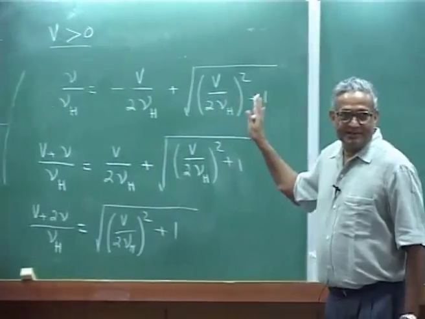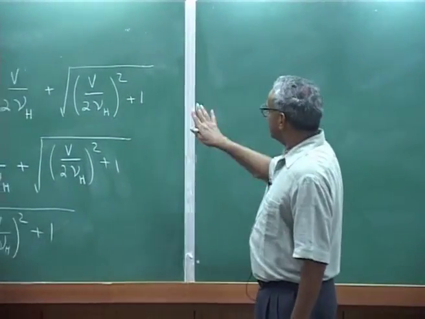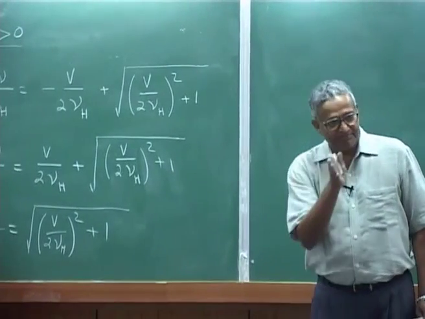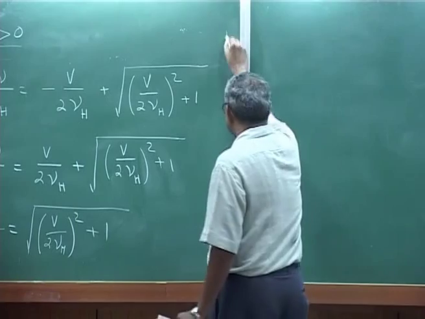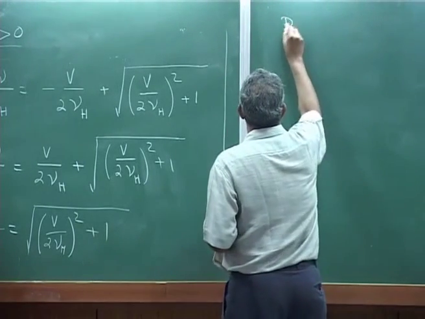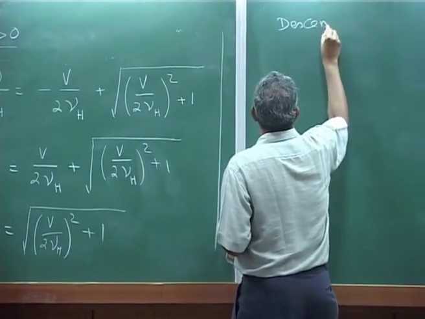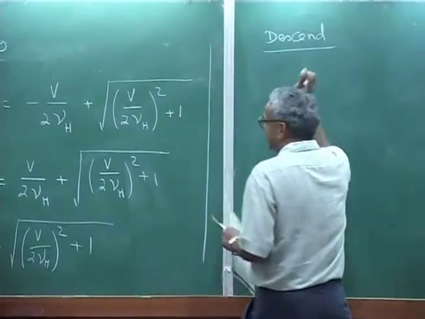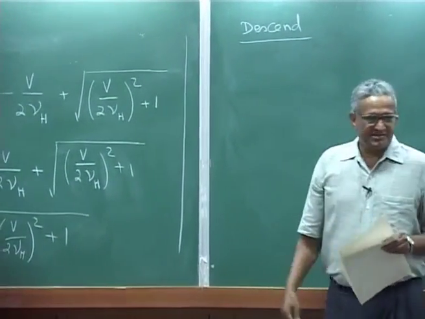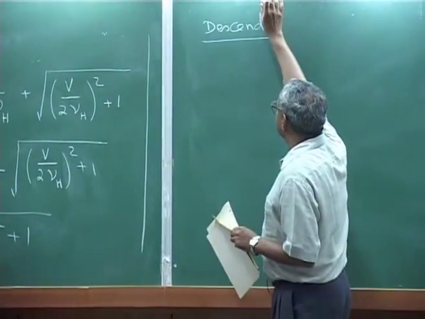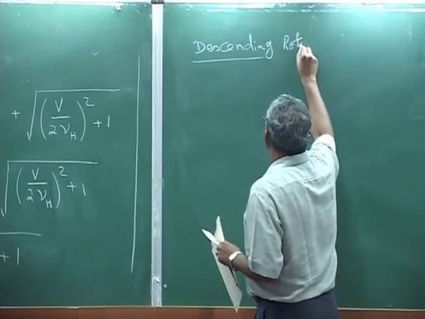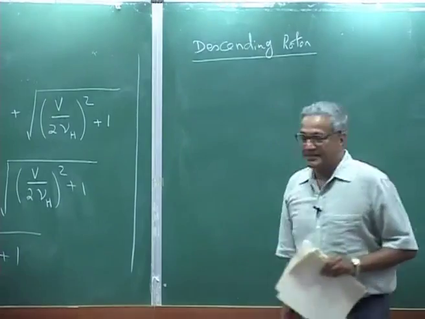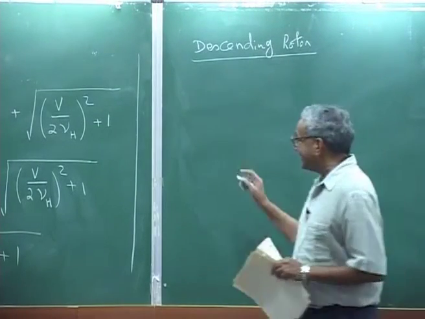Similarly, we derived for descent using a different set of conditions, in the sense I will write here descent, or descending if you want to call it. Okay. Here our diagram was slightly different.